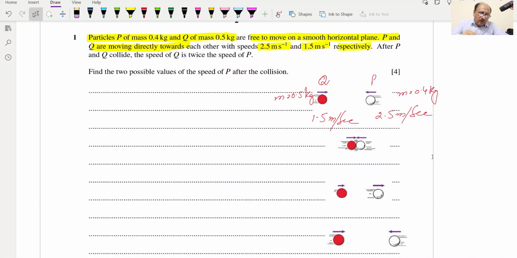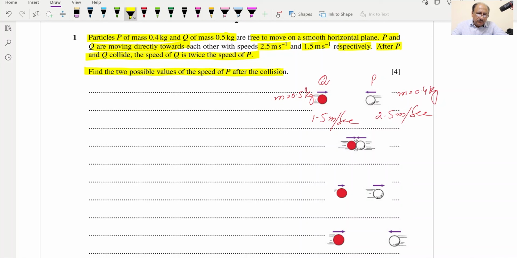After P and Q collide, the speed of Q is twice the speed of P. First of all, we will be discussing the before-collision situation and then find the two possible values of speed of P after collision. So we will be discussing the before collision and after collision situations.